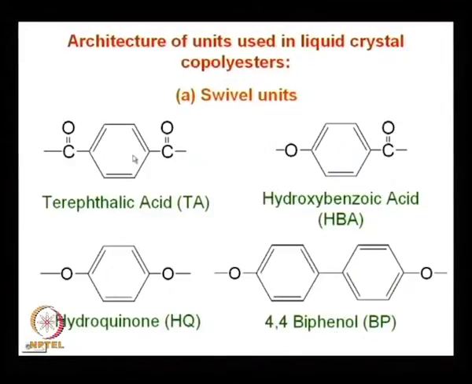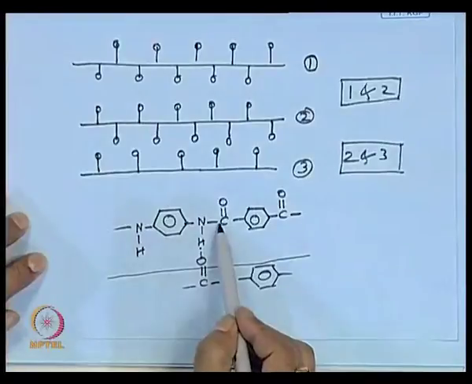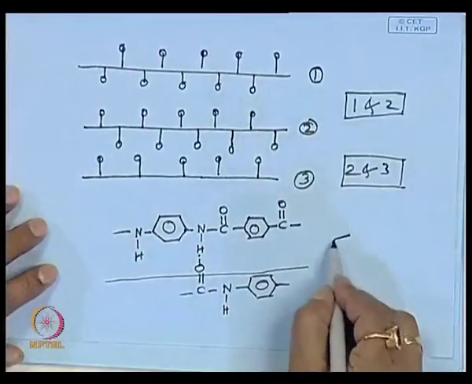Now, if these units are present in a polymer, then they can give liquid crystalline behavior. Why? You see, this is actually a 1,4 linkage, para-para linkage. So, this can provide more molecular symmetry, as you have seen in the case of Kevlar. Here you see para-para linkage, but you can have also a linkage like this.